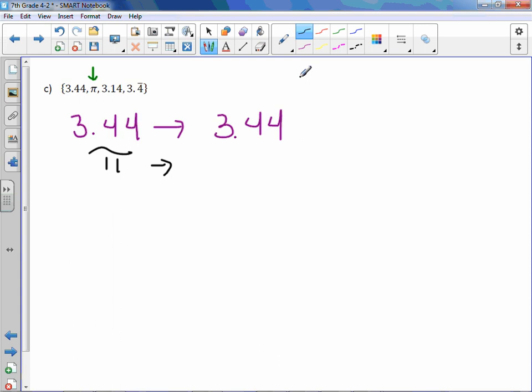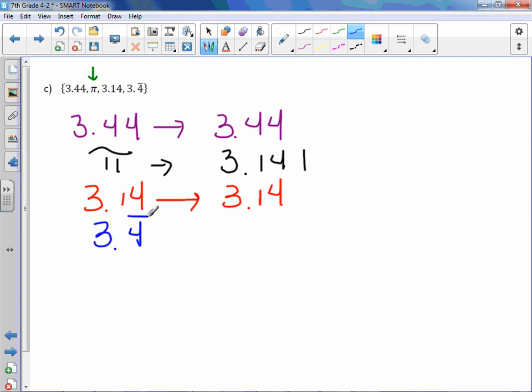So this is approximately 3.141. Then we have 3.14. And notice how I'm lining everything up. And then we have 3.4 repeating, which is 3.4, 4, 4, etc.